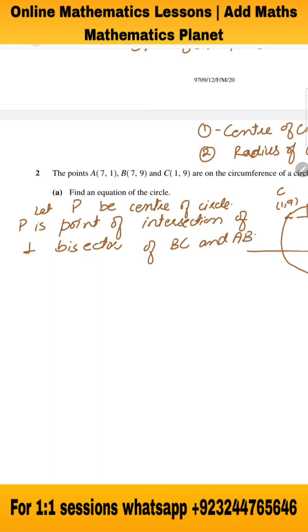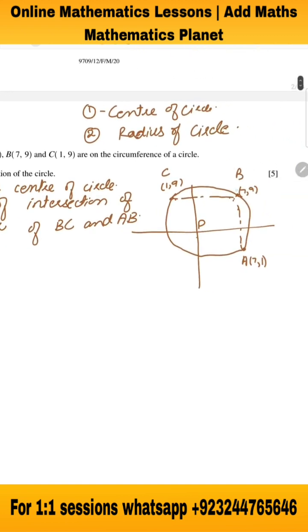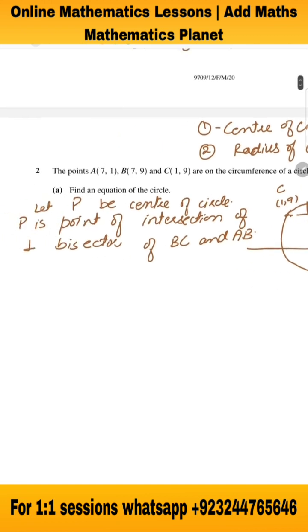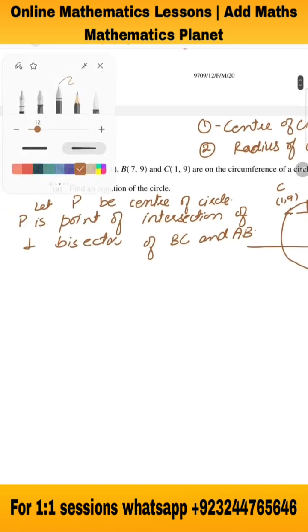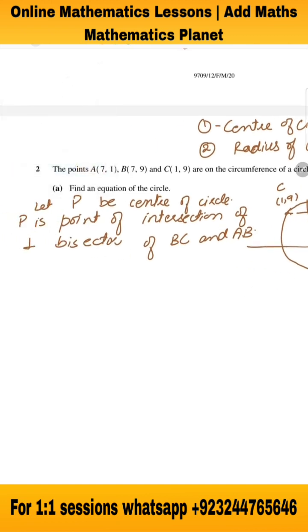So now we need to find the perpendicular bisector of BC and the perpendicular bisector of AB. Let's calculate the perpendicular bisector of BC.